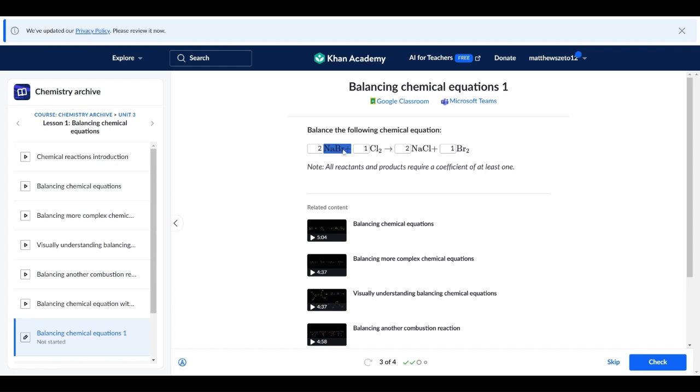Since the sodium is correlated with this bromine, you need two bromines to match it up. So that's why you put a one here. And you put a one because there's already two bromine atoms because of the subscript, which we talked about in the previous video. And let's just check this.